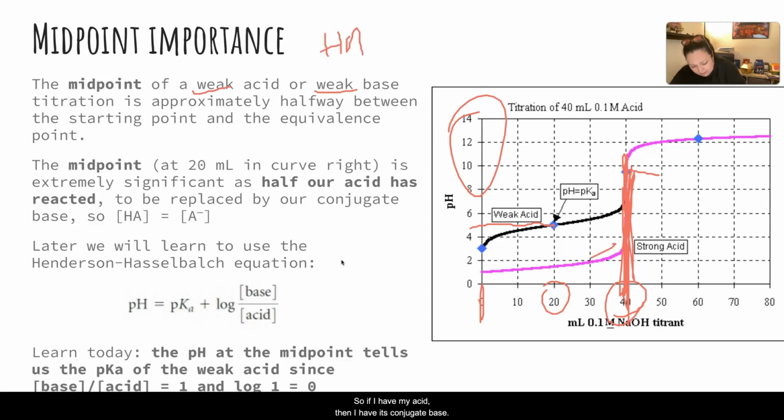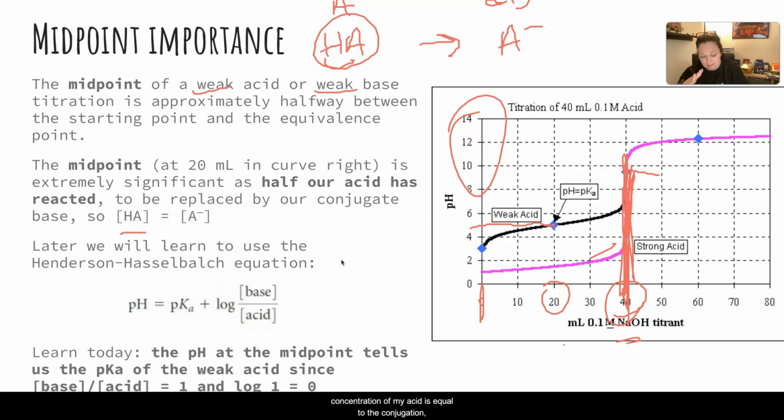So if I have my acid, then I have its conjugate base, right? Because acid donates a proton. So this is my acid and this is my conjugate base. If it's halfway through reacting, if half of this has reacted, then the concentration of my acid is equal to the concentration of my conjugate base.